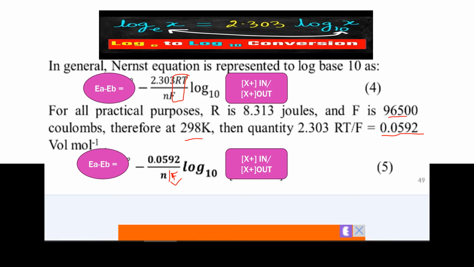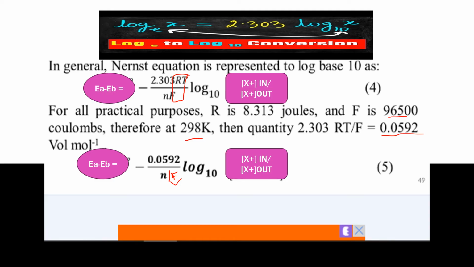For all practical purposes, R is 8.313 joules, F is 96,500 coulomb. Therefore at 298 Kelvin, 2.303 RT by F will be equal to 0.592, or around 0.61 or 0.6.